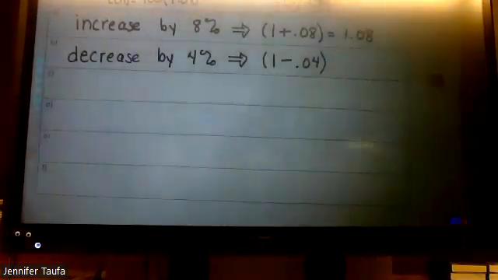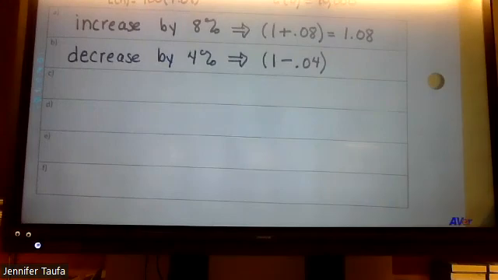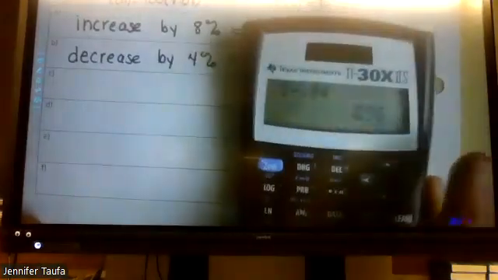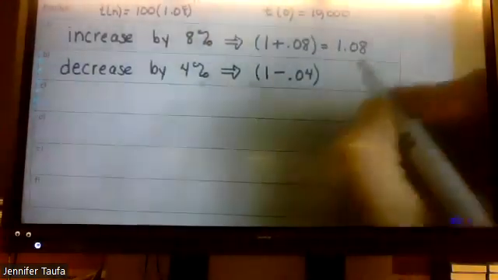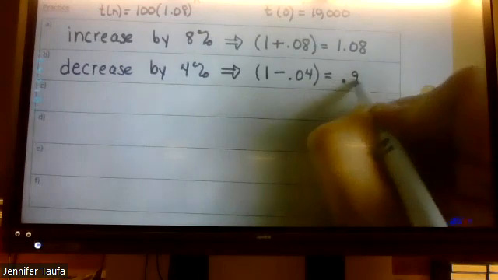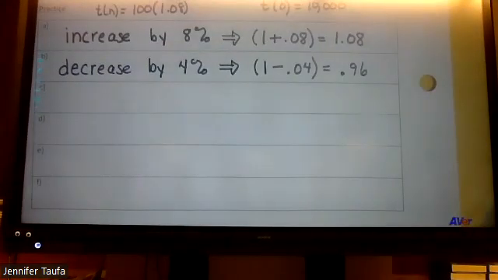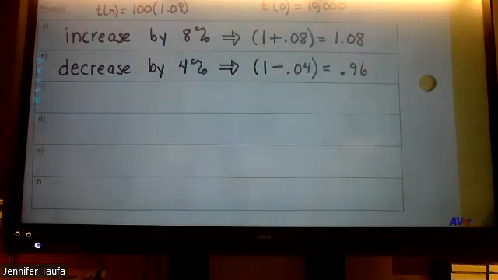And when I subtract, 1 minus 0.04, I get 0.96. So my multiplier, what I'm keeping, is 96% or 0.96 of my original product. It's like our bouncy ball ratio. I'm only recovering 96% of the original bounce. I multiply by what I keep.